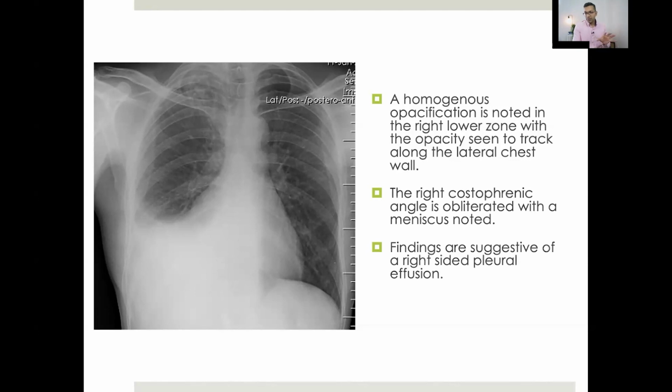Now, this is probably a bit more obviously a pleural effusion to everyone, but I like the way they've talked about it. If you're not certain what it is, you just say true statements with increasing specificity. This lung is abnormal. There is asymmetry. So those are the obvious things. There's opacification in the right lower zone.